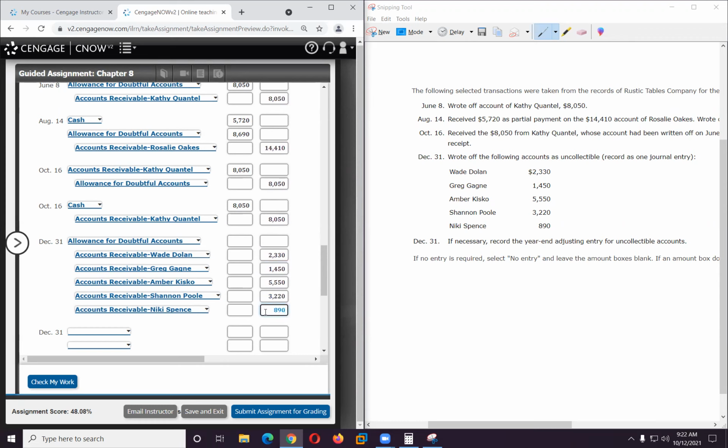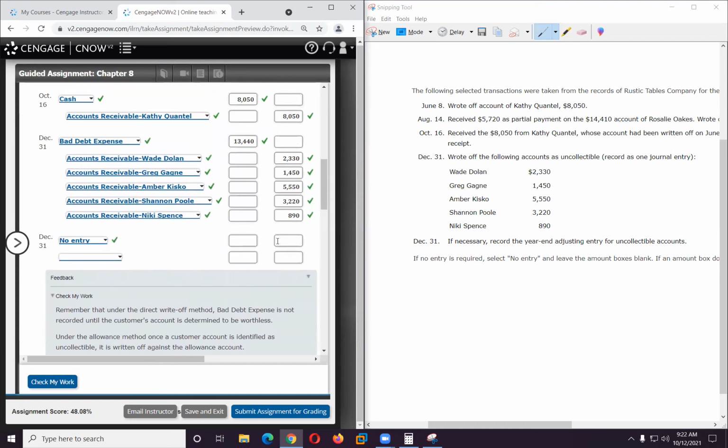I could add them all up again, or I could scroll up and see what I put up here. Total was 13,440.